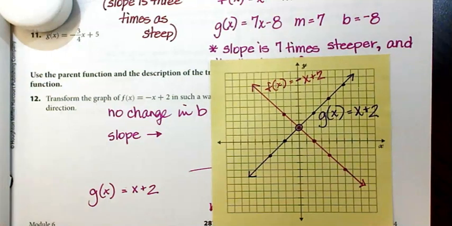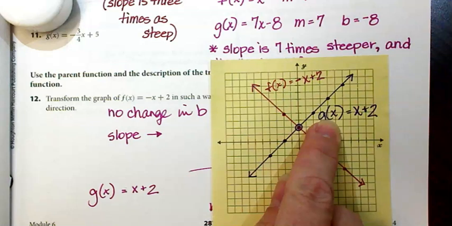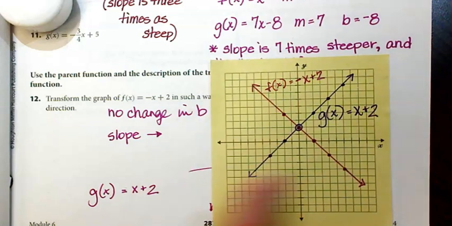That should be a little bit better picture. Okay. So what you've done on this transformation is you have changed the sign of the slope. So it did run down, now it runs up.